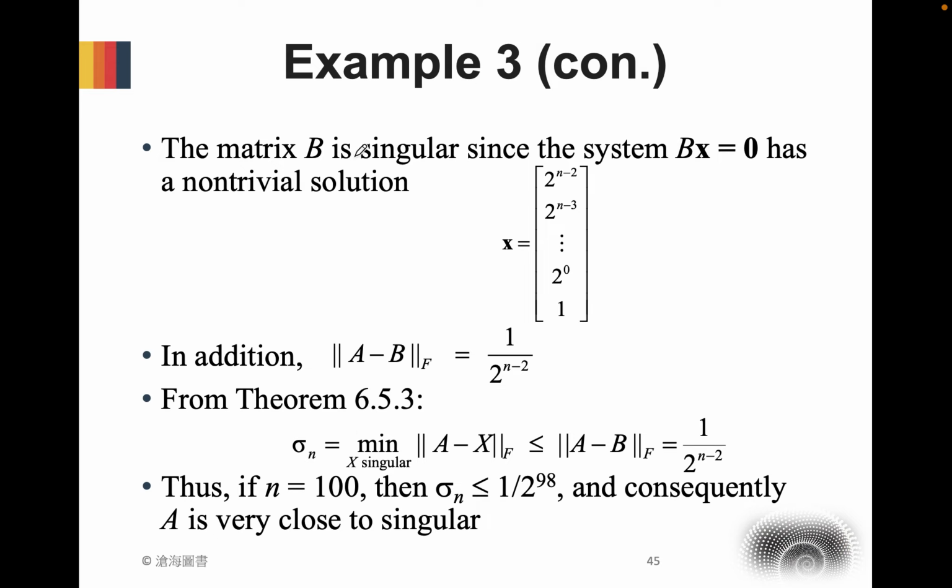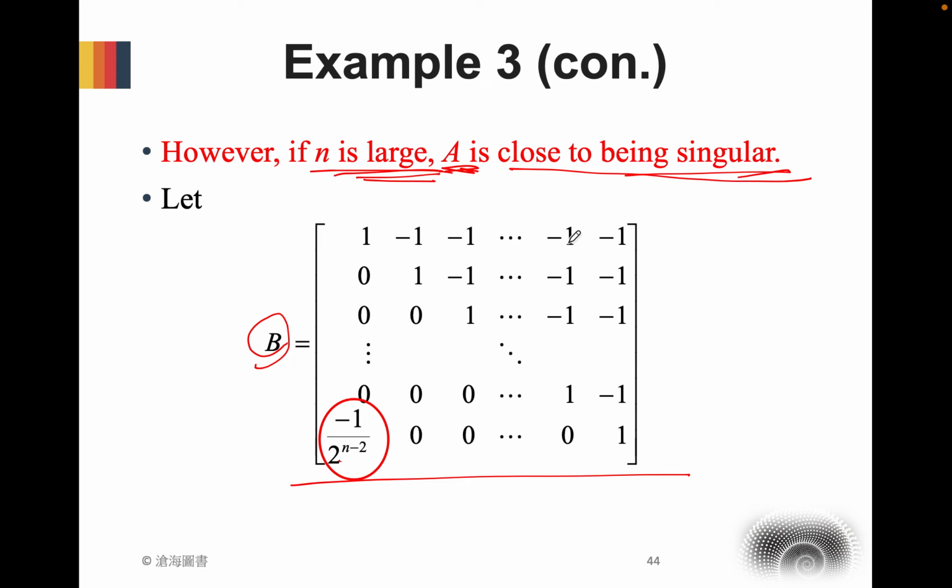Okay, so the matrix B is singular because Bx equals 0 has a non-trivial solution. So originally the matrix A is non-singular, but the matrix B is singular.